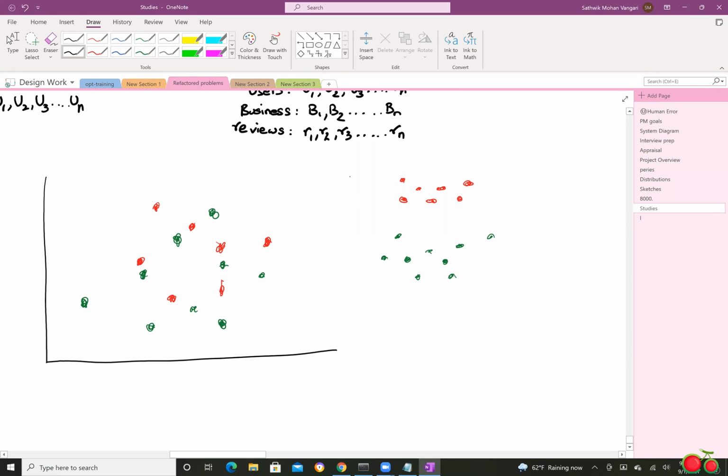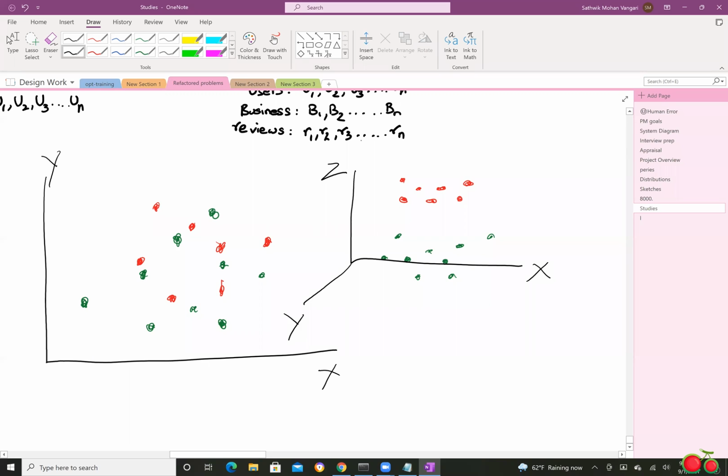What I achieve with kernels is I draw this in three-dimensional space. So earlier, this is X and this is Y, let's say. Now, what I do with kernel tricks is basically introduce a third dimension Z, right?